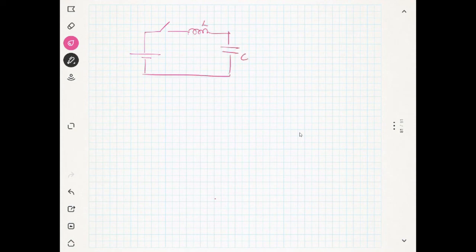Okay. Now this is R, and you have something like this. At time t equal to 0, you are closing the switch. Then what will happen for time t greater than 0? What will be the situation?